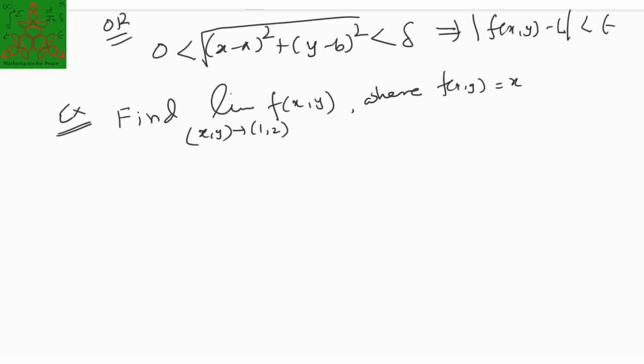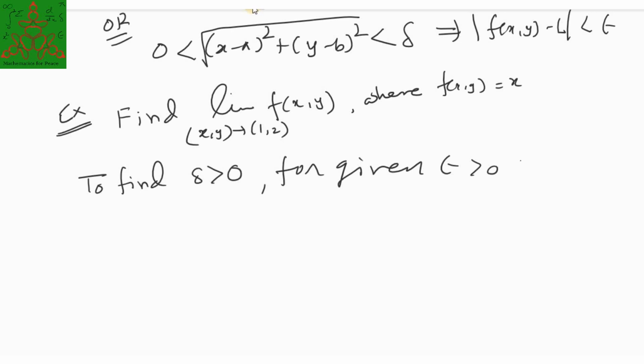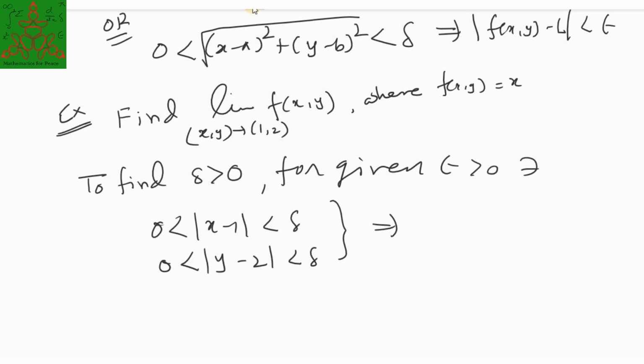So by the definition, we need to find delta greater than 0 for given epsilon greater than 0 such that 0 less than mod of x minus 1 less than delta and 0 less than mod of y minus 2 less than delta should imply mod of f(x, y) minus some L. That L we need to find out.